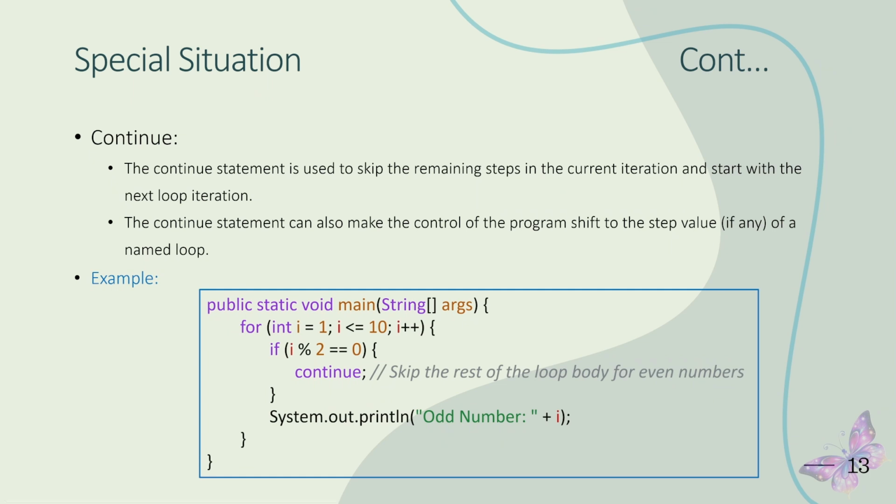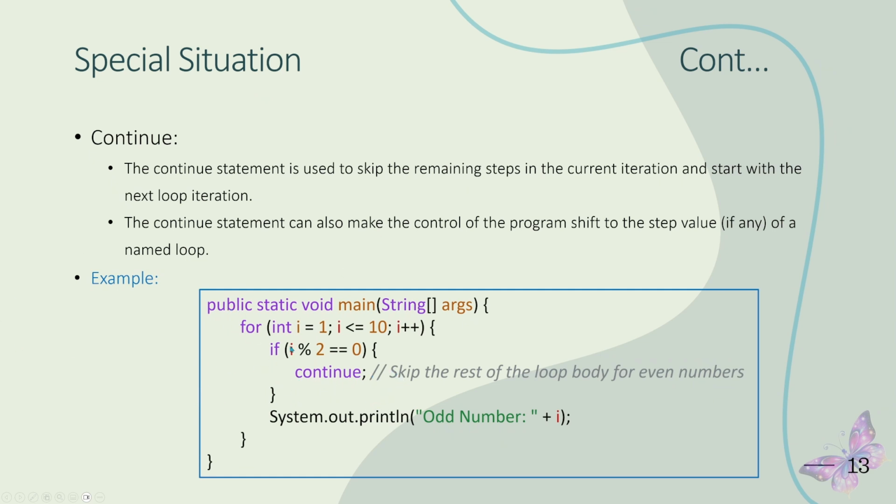As it says, it skips the rest of the loop and starts with the next loop iteration. The continue statement can also make the control of the program shift to the step value, if any, of a named loop. So you can also put a named loop and say continue from that named loop.